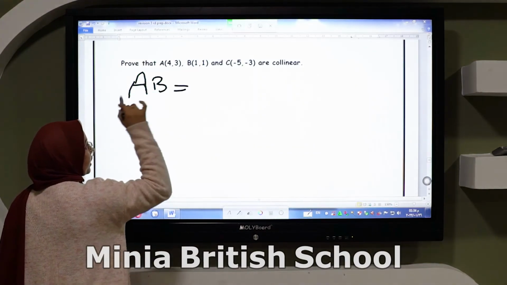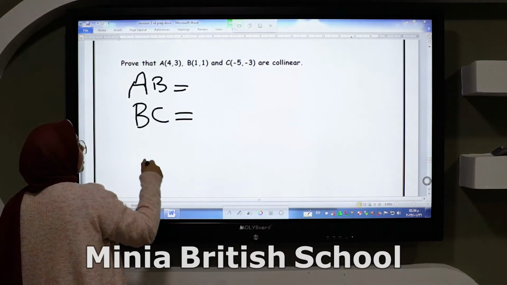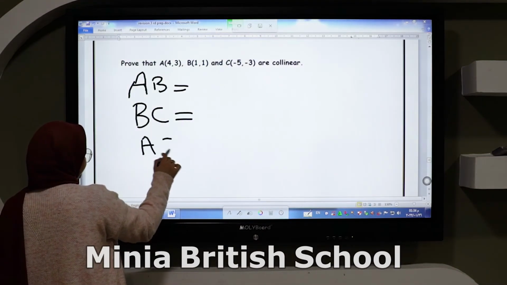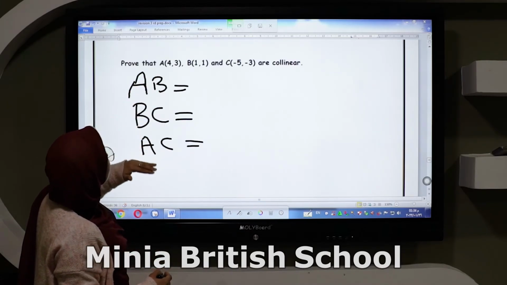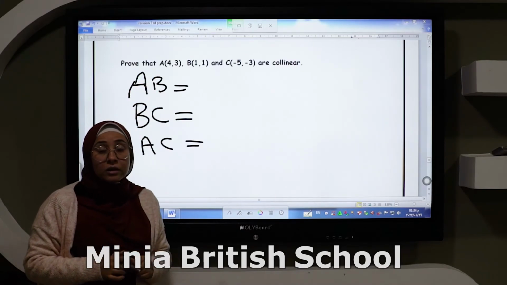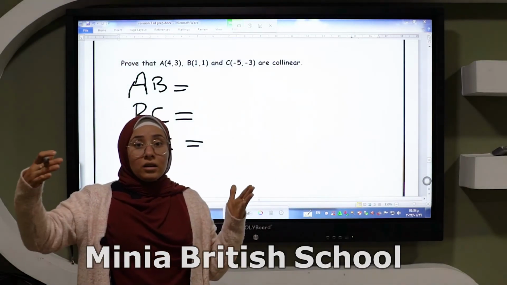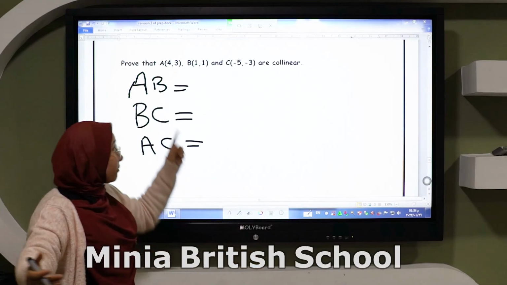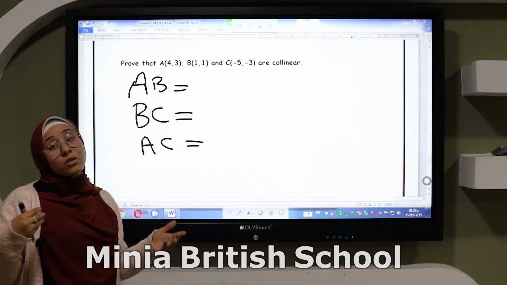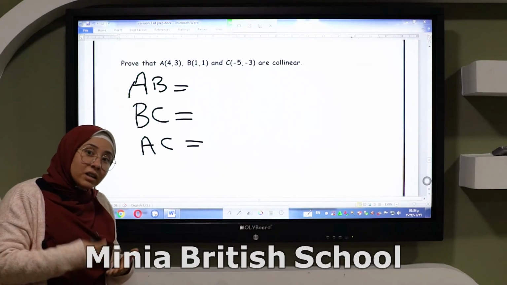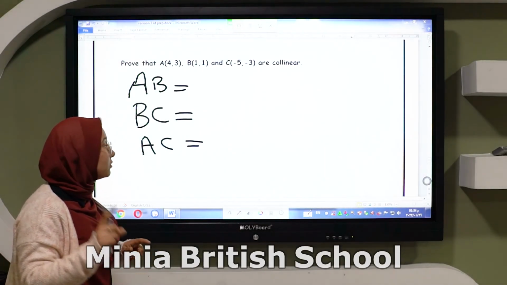Then you can find the length of BC and also the length of AC. After you find the lengths of the 3 sides, the rule is that the greatest one of them must be equal to the sum of the lengths of the other two. Then A, B, and C are collinear. Take care, okay? Don't forget it.